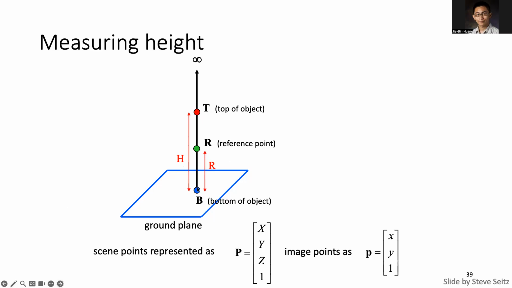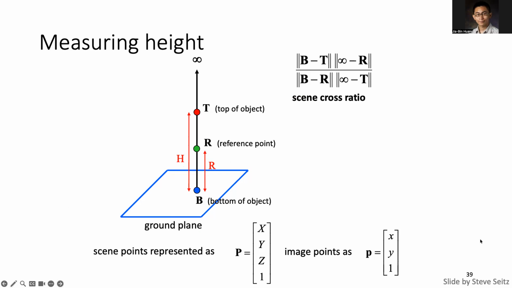The interesting thing about perspective cues is that there's some quantity that's invariant no matter where the camera is. Okay. This is called the cross ratio.